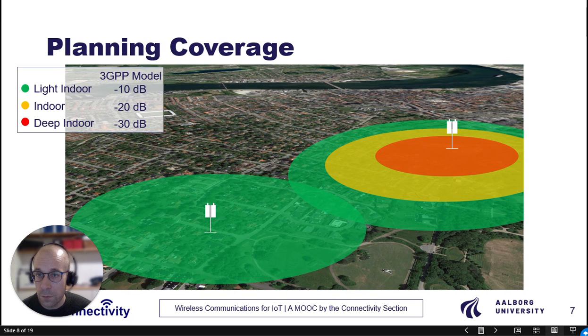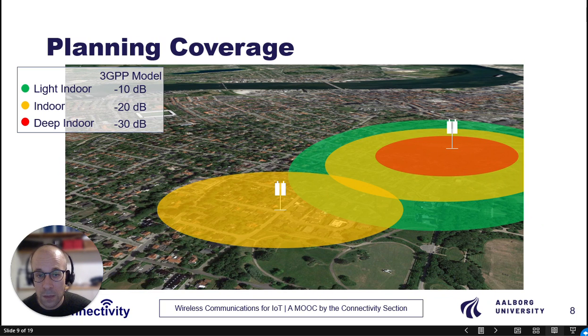If we were to plan for indoor installations, the yellow circles, and we had to create a similar overlap between two base stations, they need to be located closer to each other.